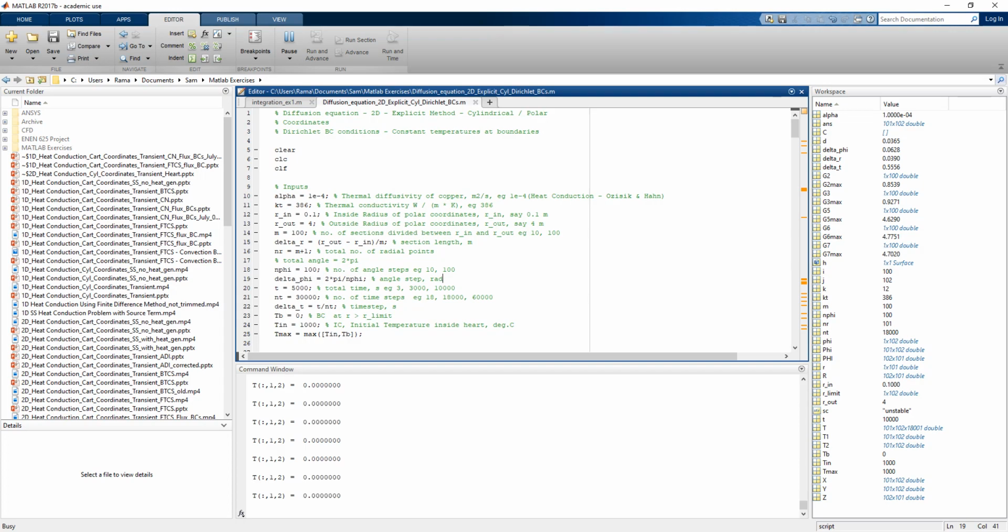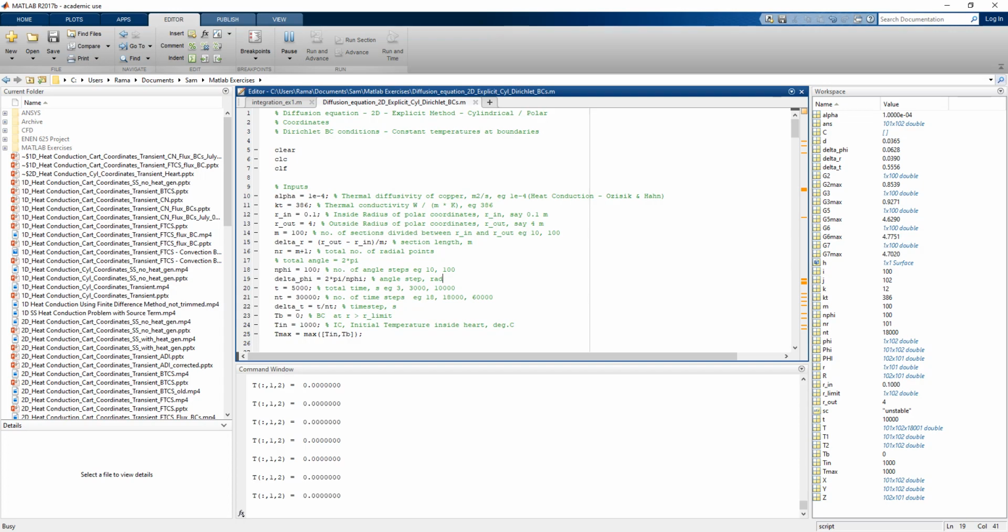Let's consider the number of steps along the phase angle as 100. So delta phi, the angle step, is 2 times pi over n phi.